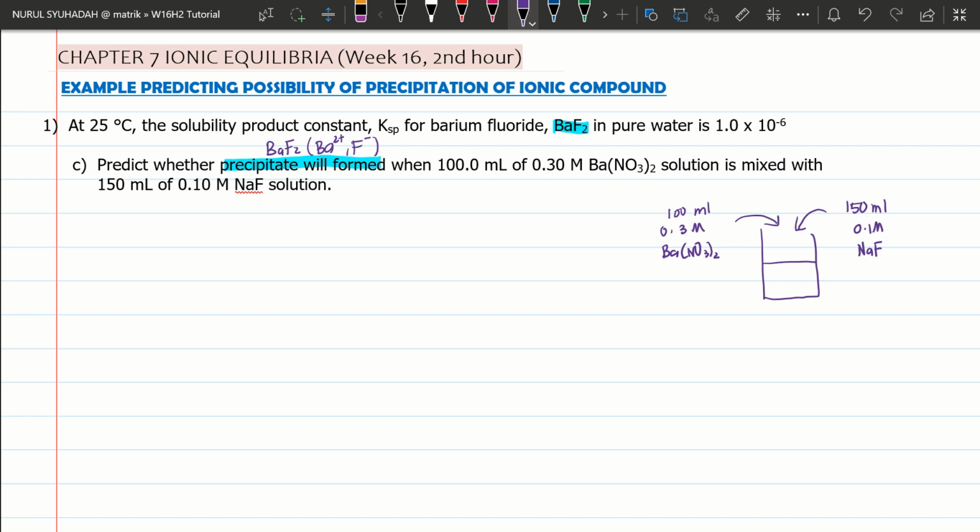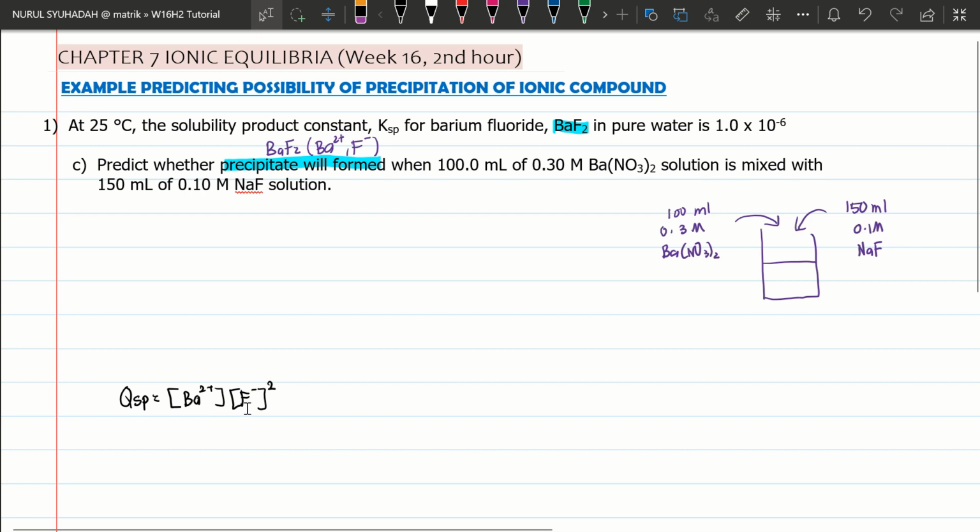Daripada mana? Kita kena cari nilai Q. So, yang awak tahu Q, okay, kalau saya tulis dulu Q expression. The expression for Q, okay, QSP equals to concentration of Ba2+ times F- to the power of 2. Sama. So, sekarang ni kita kena cari berapa concentration Ba2+, berapa concentration F-.